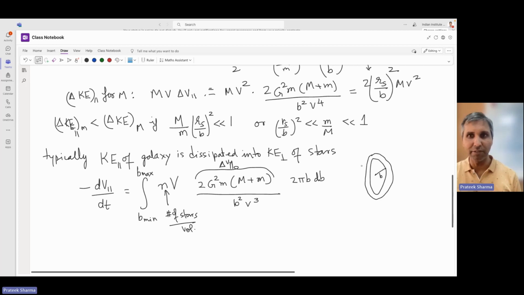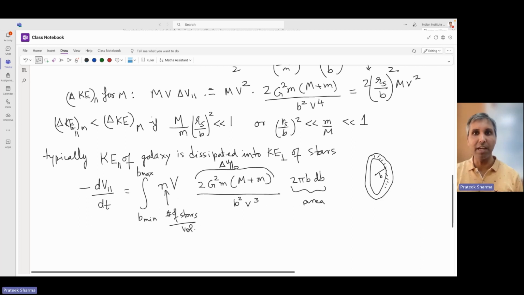So the flux, the number of stars which lie in this impact parameter range, is nothing but this number density of stars times the velocity of this projectile times the area of this annulus. So this is number of stars per unit volume. This is area.